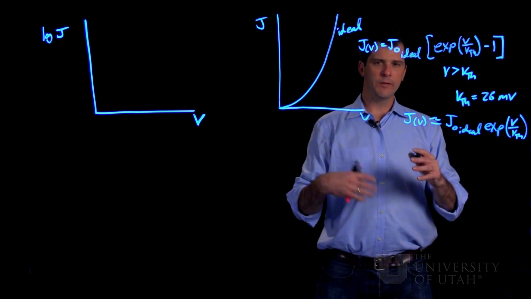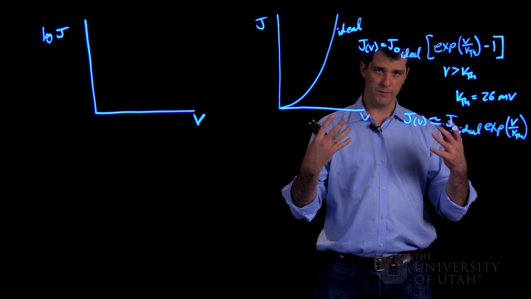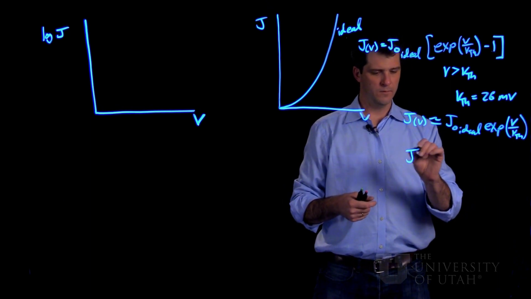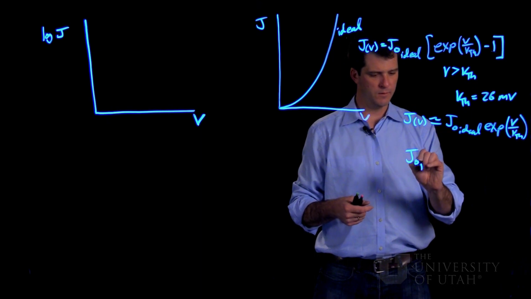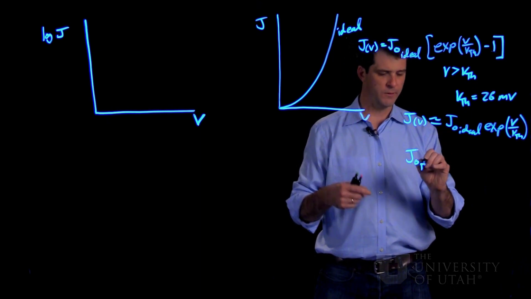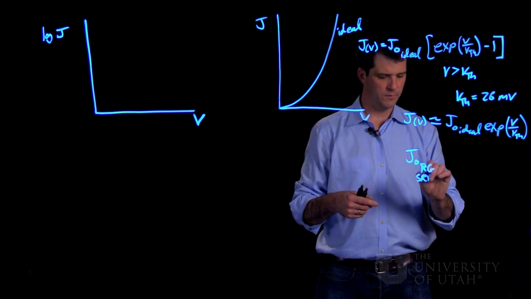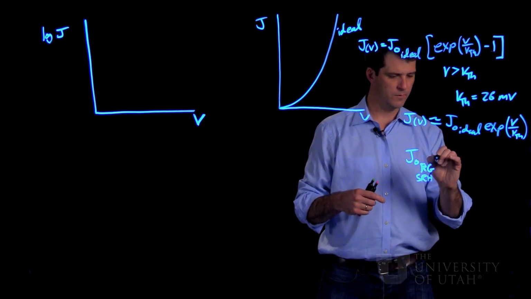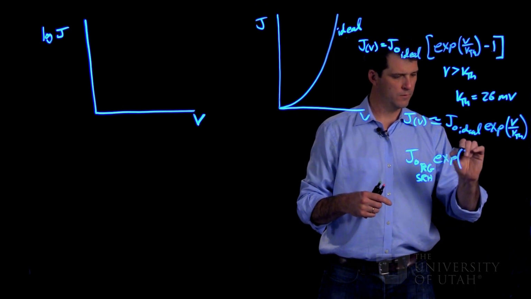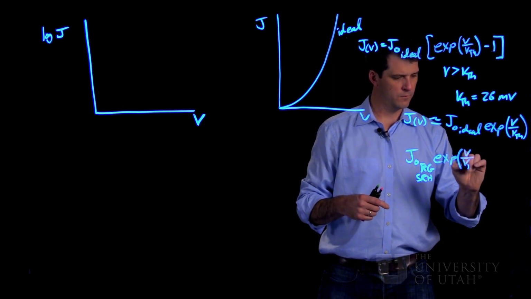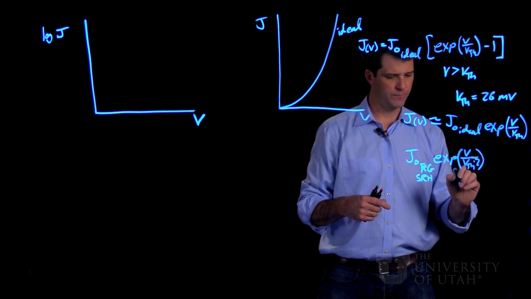Now, similarly, we could do the same approximations for the currents arising from recombination, and we would get J naught recombination-generation, otherwise known as Shockley-Read-Hall, inside the depletion width times exponential of V over V thermal, but we have to multiply by 2 for this mechanism here.